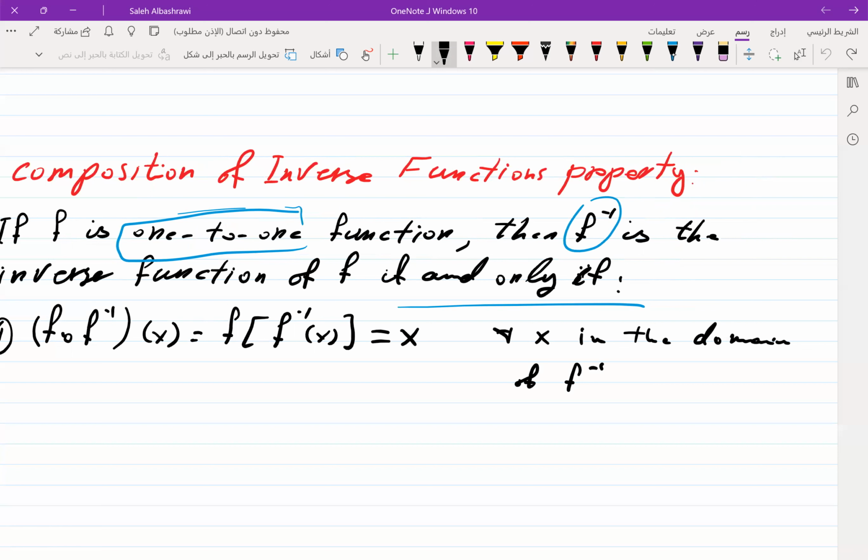So for any x in the domain of the inverse function, if the composite gives me x, we must have x.